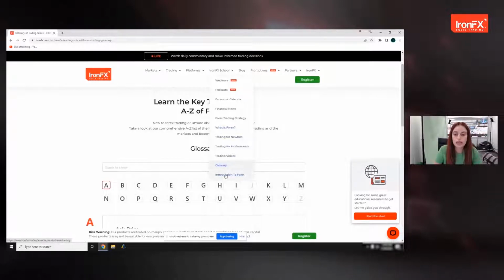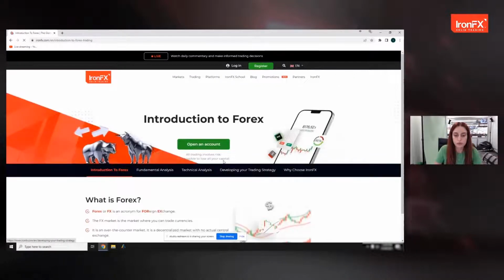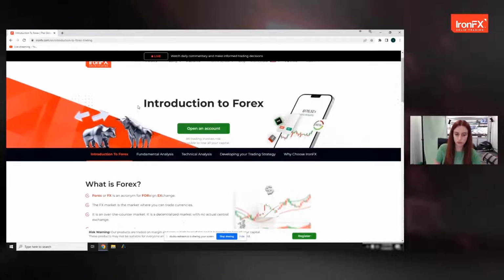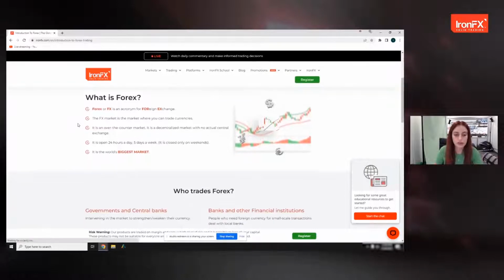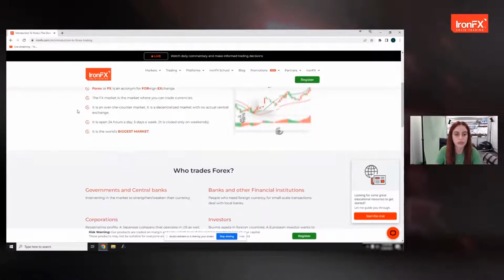So we move on to the last option, which is introduction to forex. So this one is the best option for experienced and unexperienced traders. Here you have every explanation of what means forex, of what is a forex market. And then you see here what is forex. Here you have the explanation of what forex means.